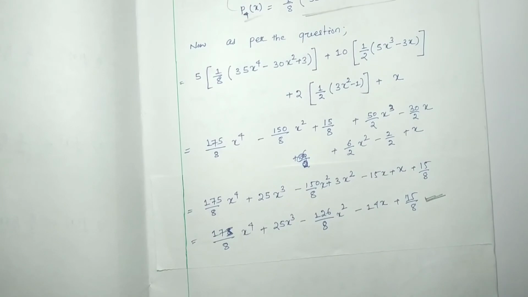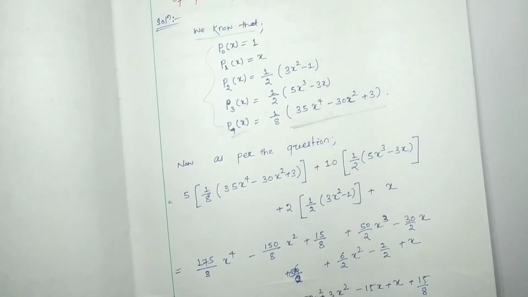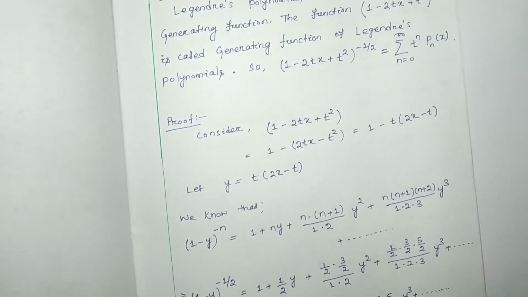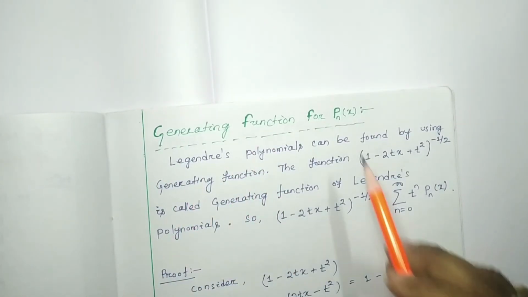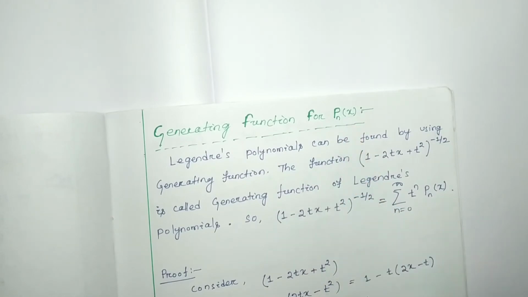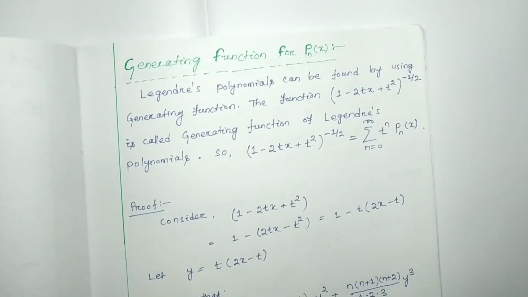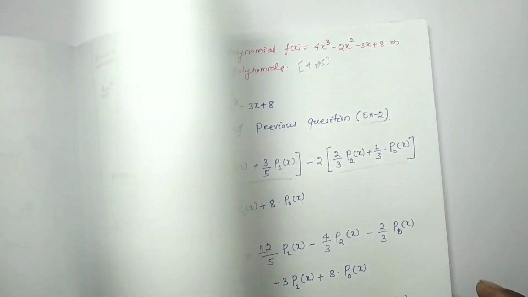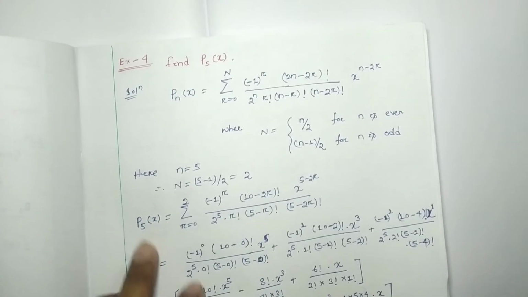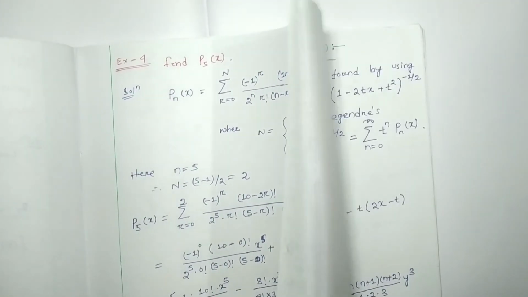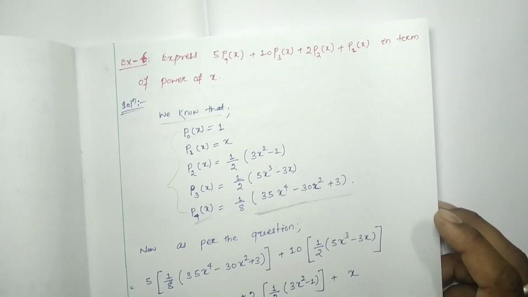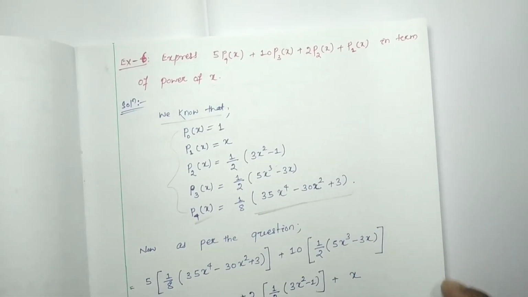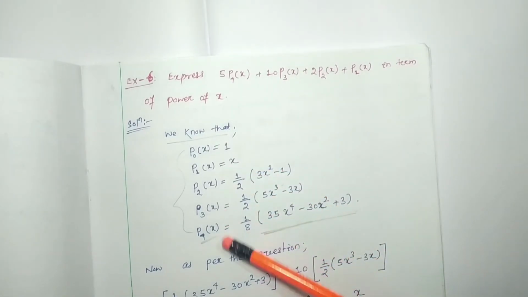Okay, so here we have to stop our discussion today. In the next class we are going to discuss the generating function for Legendre polynomials Pn(x). Pause the video and write down the notes, that means examples 4, 5 and 6 perfectly, and again I suggest that at least you remember up to this much.